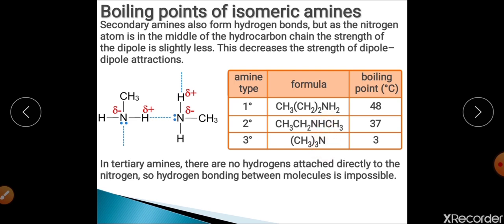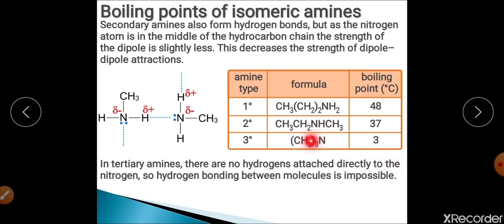The reason behind that is, as we know, there is no hydrogen on the nitrogen in the case of tertiary amine, so it will not undergo hydrogen bonding, and when it does not undergo hydrogen bonding, we can say that the boiling point is less.